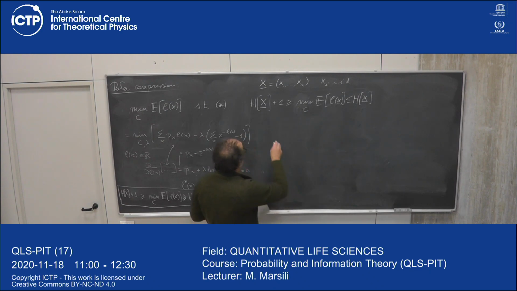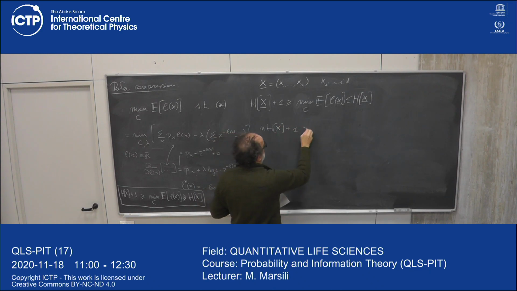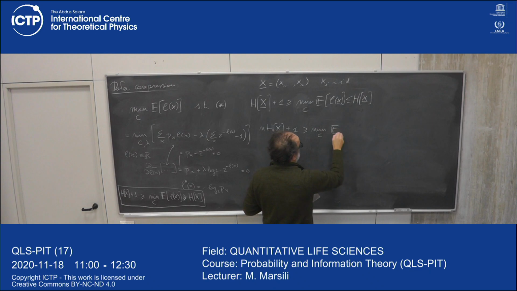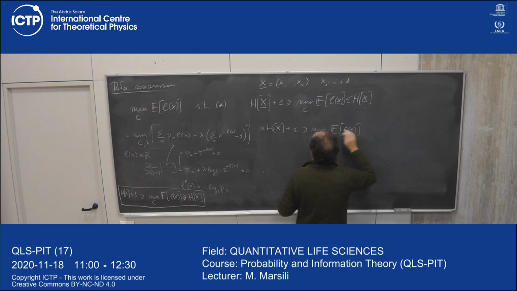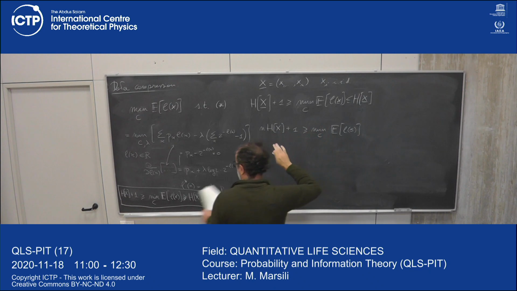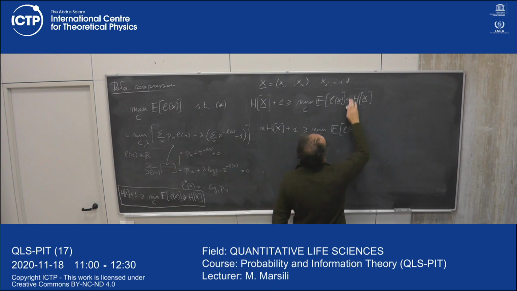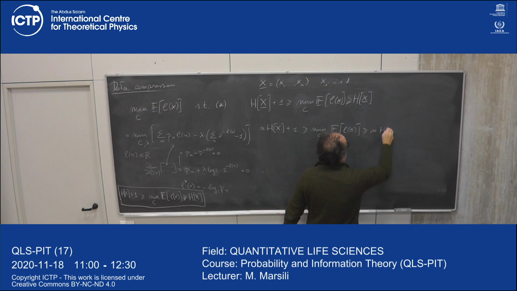And I know that this is equal to n times H of a single character, and this must be larger or equal than the minimum of the expected length of the code of the whole message. So this is larger or equal than H of X.